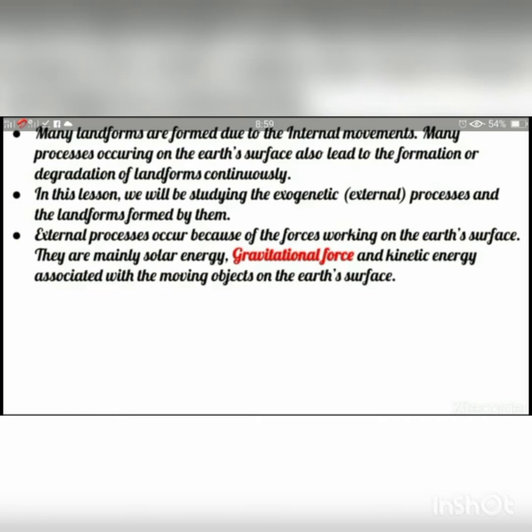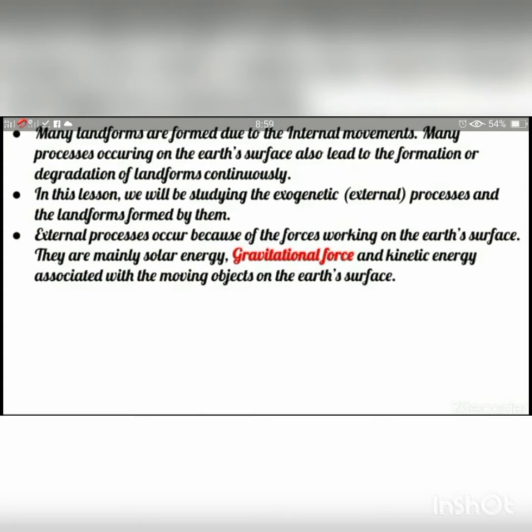Some reactions are taking place inside, some energies are generated, and when this energy comes out, we see the changes outside. For example, when volcanic eruptions take place, lava comes out.